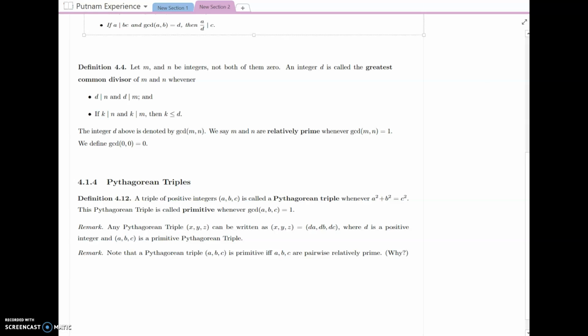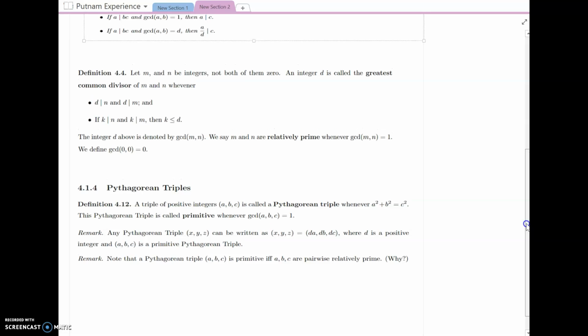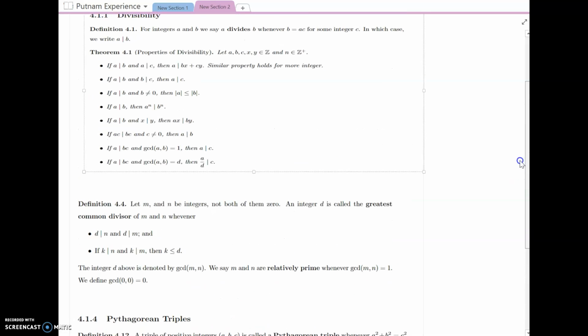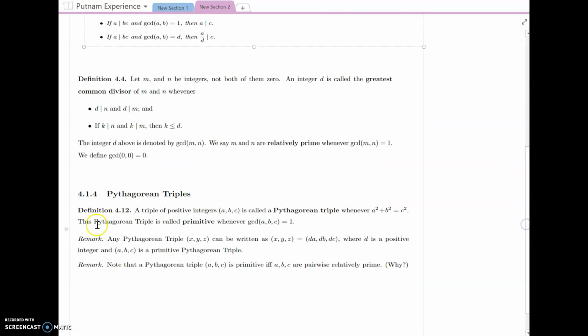It shows that any Pythagorean triple can be generalized with a formula. And it also shows that a Pythagorean triple is primitive if and only if a, b, c are pairwise relatively prime. So when I saw that, that's what triggered me to copy and paste definition 4.4. So I thought definition 4.4 and the remarks for the Pythagorean triples were connected.